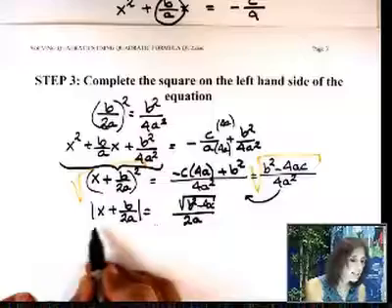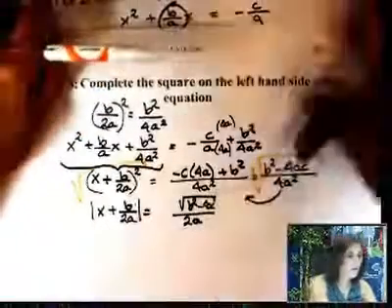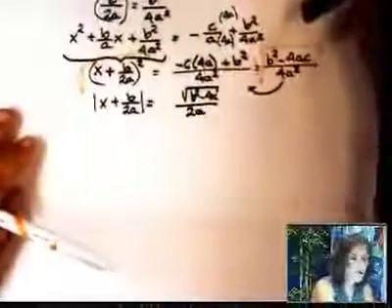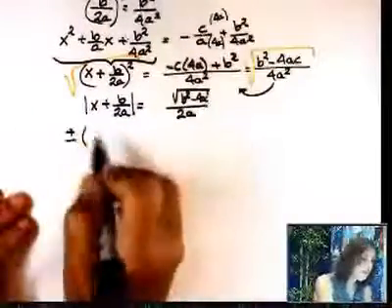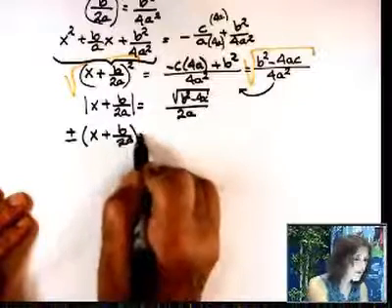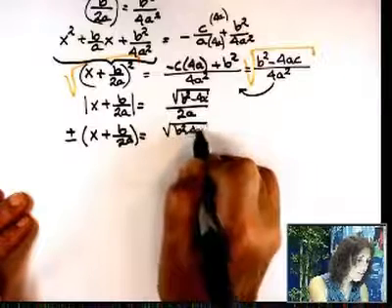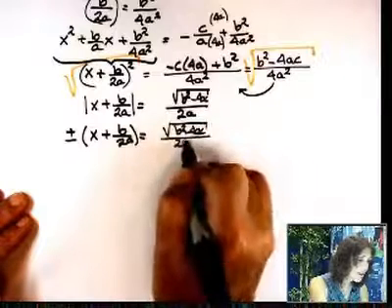Alright, now let's take out the absolute value. You're going to end up with plus or minus, x plus b over 2a, equals the square root of b squared minus 4ac over 2a.